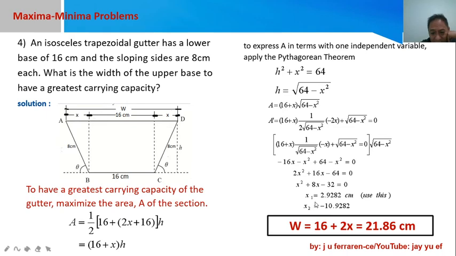After knowing the two values of x, I simply disregard the other because by inspection, this is the only value that I can use. So use x1. I substitute to my W, and my W is 2x plus 16. So 16 plus twice the value I solved, then I arrive at 21.86, which is the required width of the upper base.